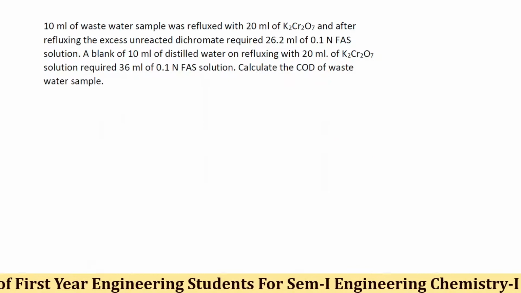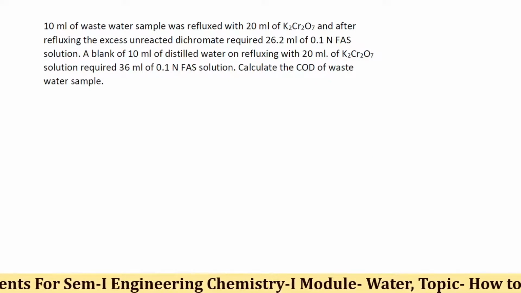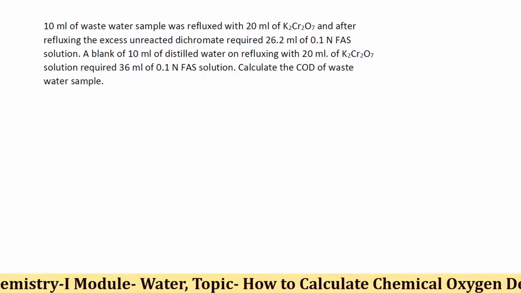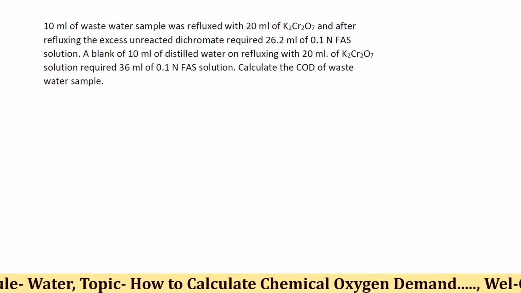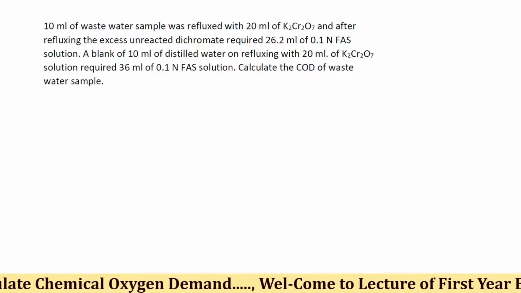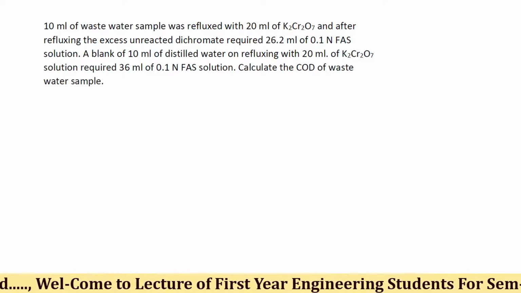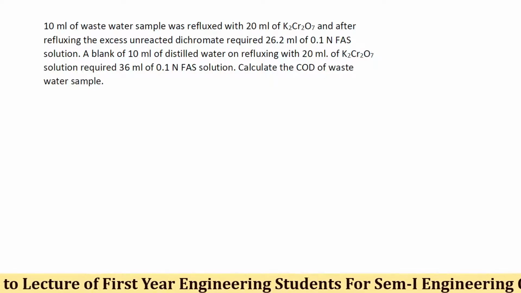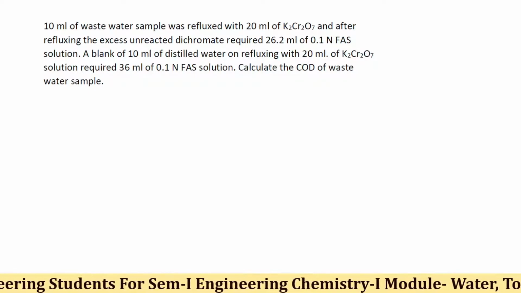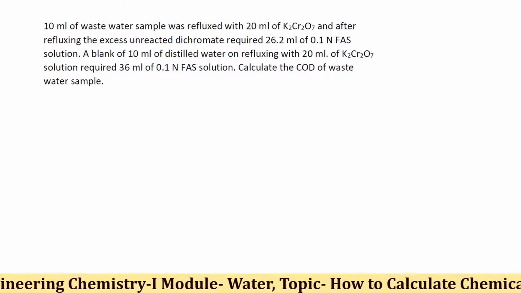This is the second numerical of chemical oxygen demand, COD. In this numerical, 10 ml of wastewater sample was refluxed with 20 ml of K2Cr2O7, and after refluxing, the excess unreacted dichromate required 26.2 ml of 0.1 normal ferrous ammonium sulfate solution.